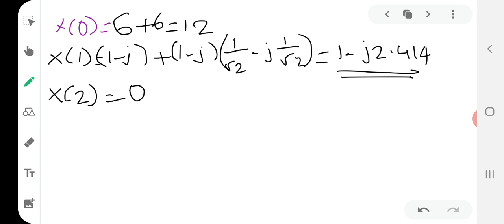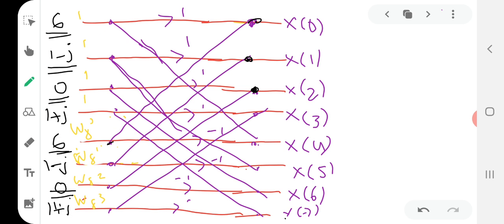Okay, and then next is x of 3. How will we find x of 3? See here, this is the x of 3 point. Here we can write it as 1 plus j into 1, plus here W8 raised to 3 into 1 plus j.